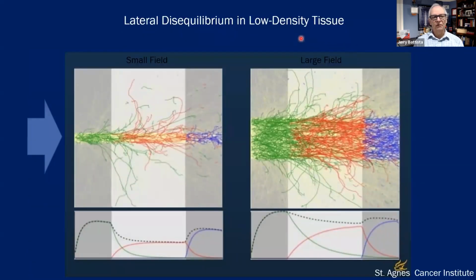Here's an example of these electrons in a situation with water and then low density and then water again. So this is a slab lung phantom, and you can see for small fields here, there are electrons generated here in green, and they go into the tissue here with elongated range, but there aren't very many electrons that come back to replenish the ones that went out.